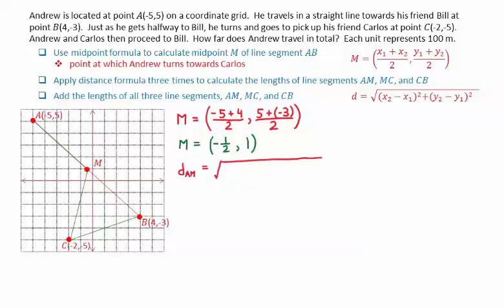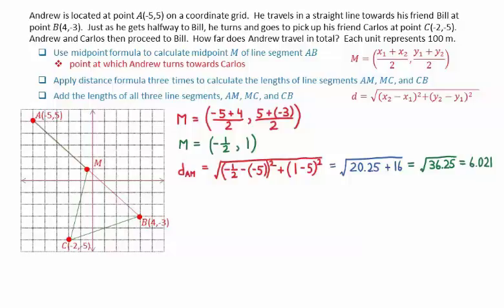Using the distance formula, we take the difference in the x-coordinates and square them, plus the difference in the y-coordinates and square them. This gives the square root of 20.25 plus 16, or the square root of 36.25, which is, rounded to 3 decimal places, 6.021.